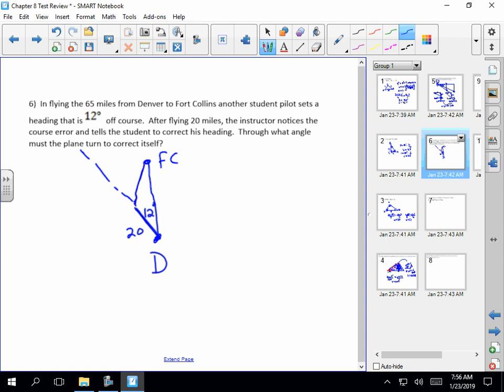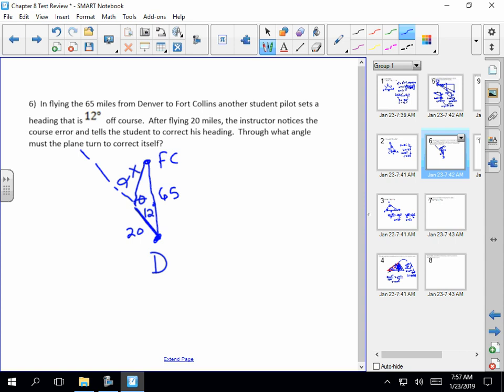So we're going to be finding this angle alpha over here. First we're going to find theta there, that obtuse angle in there, figure out what that is, subtract that from 180 to get alpha. We're going to start by finding x, the distance away he is. We've got 65 miles from Denver to Fort Collins, so we've got a side-angle-side case.